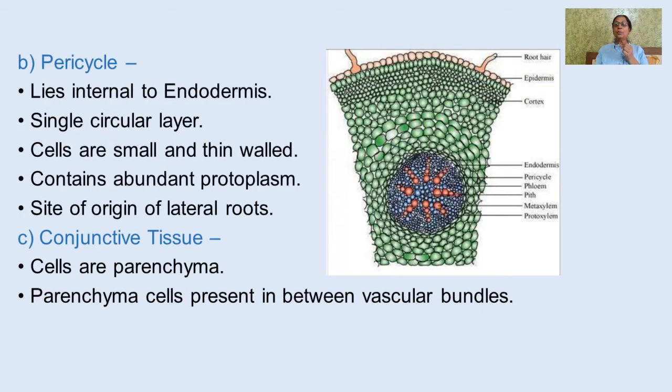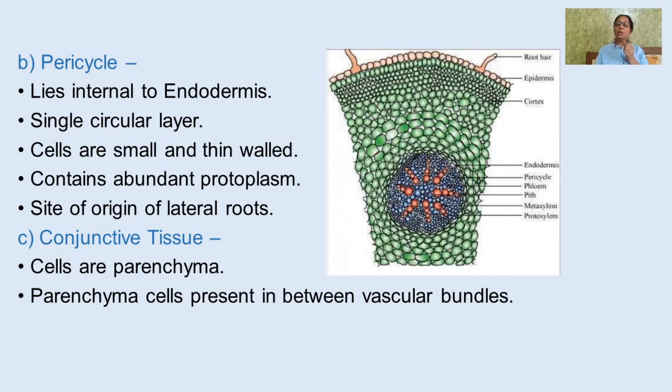The next part of the stele is the pericycle. The pericycle is a layer circular in its outline, and it consists of small and thin walled cells. The cells have abundant protoplasm in them. In some cases, they also have the function to produce lateral roots. Now, the next tissue is the conjunctive tissue, in which the vascular bundles are present.